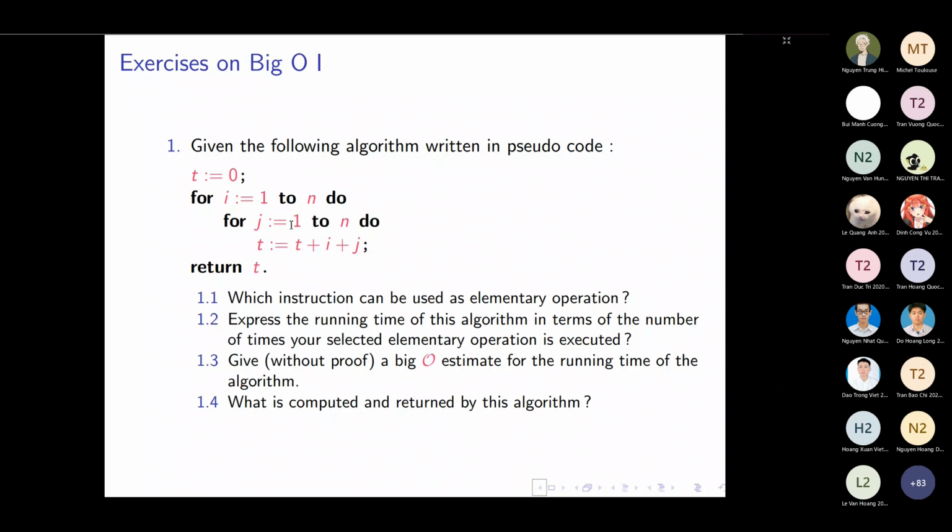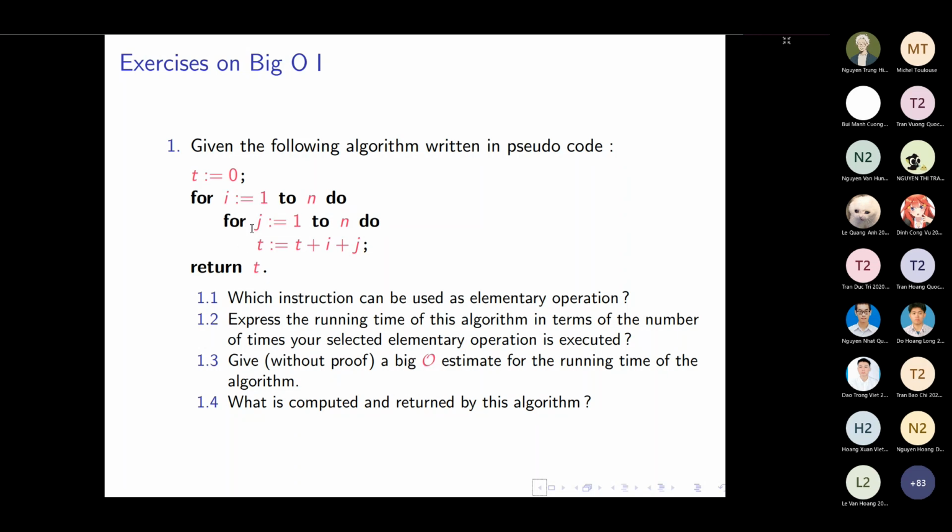In particular, you can argue over whether or not we should count the last execution of this operation, the one that breaks the loop. So from now on, you can choose whatever inside the loop as the elementary operation.